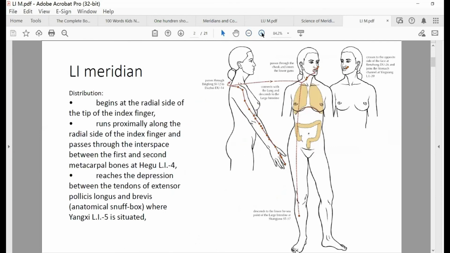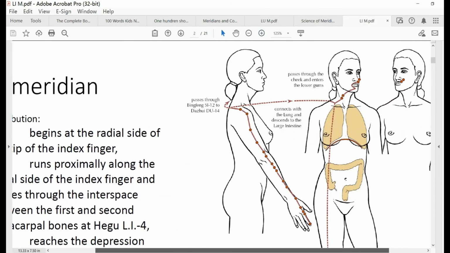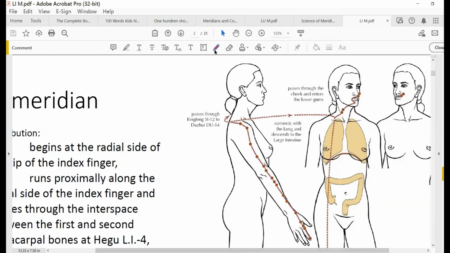Okay, let's take a look at this one. Yeah, the back of the hand, or dorsum, right?